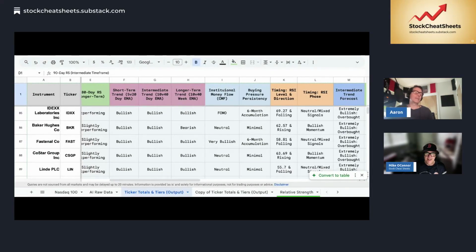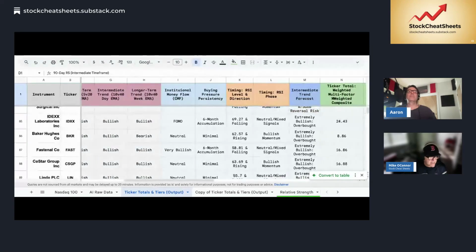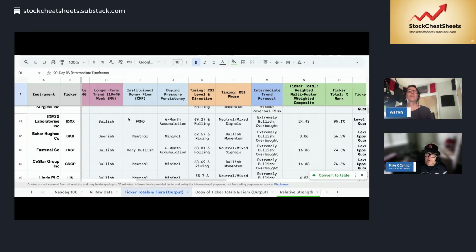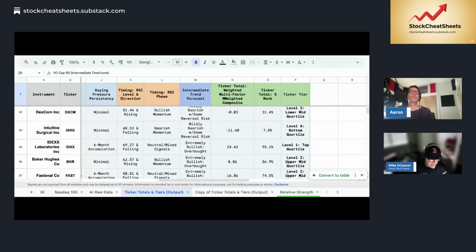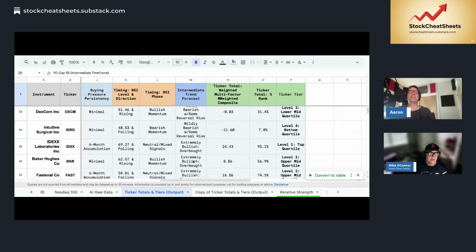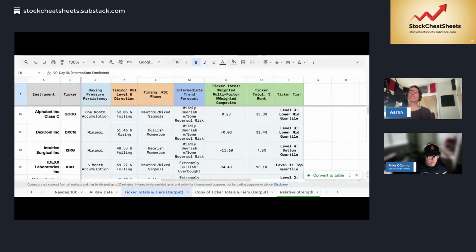Right. But that's the idea, and that's the nice thing: any investor can basically take a look at the metrics that matter to them the most, or just follow my very statistically related ticker total scores. I try to take the arbitrary point assignment work that I did for the first round of cheat sheets, which I think are fine for ETFs.